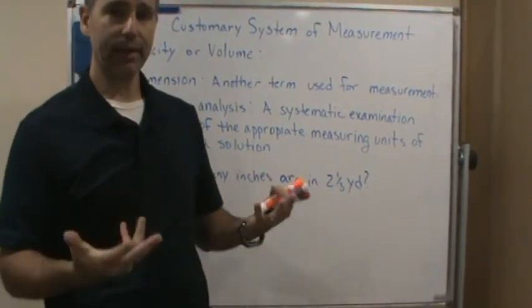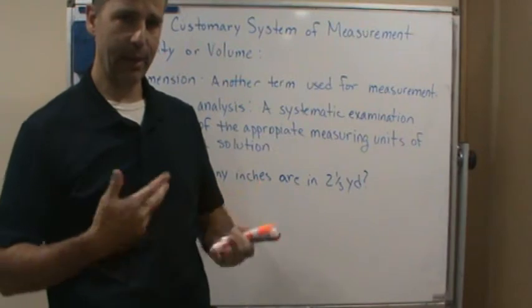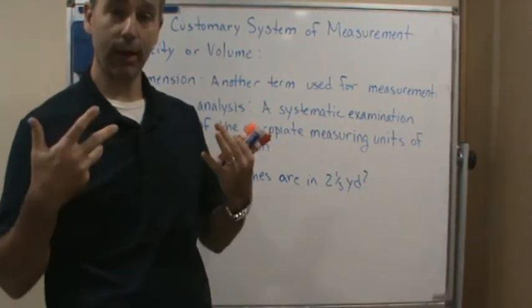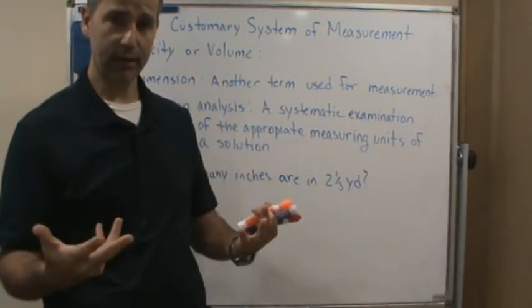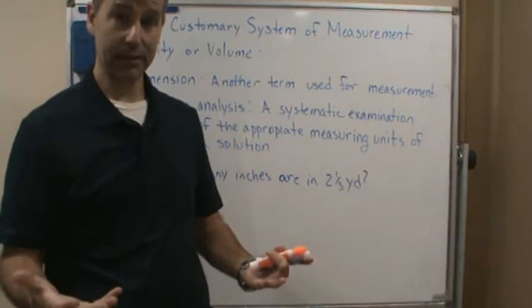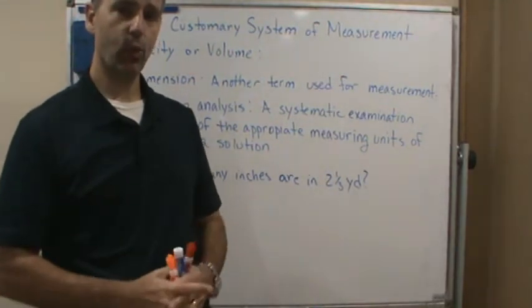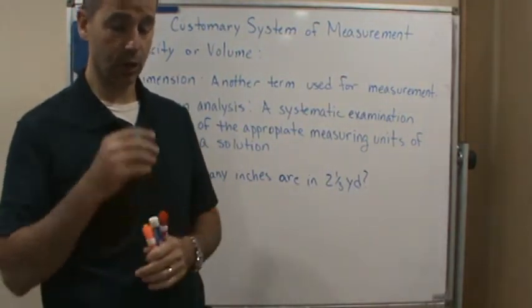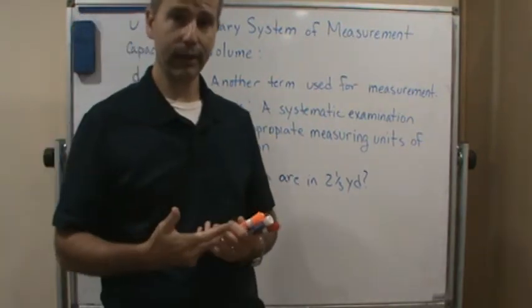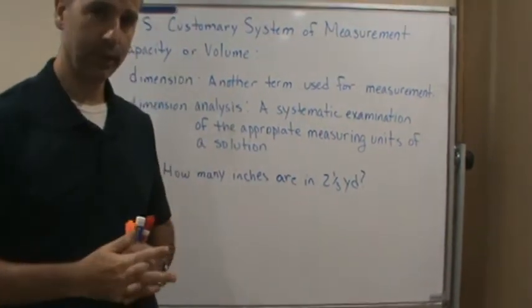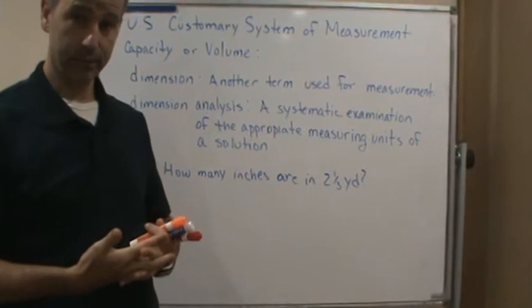If I am, then that tells me, at least from a dimension analysis, my answer makes sense. This is a way to double check that how you're approaching the problem is correct.